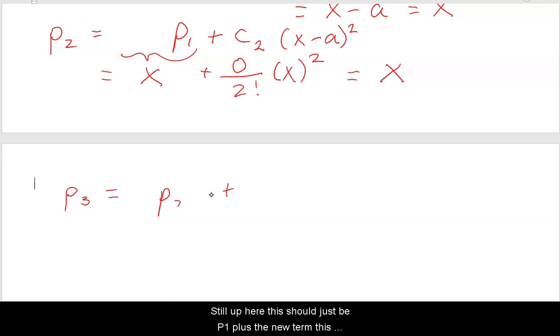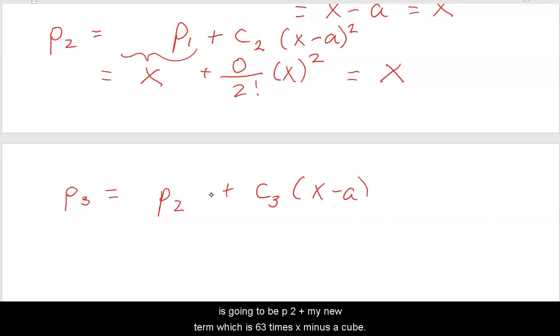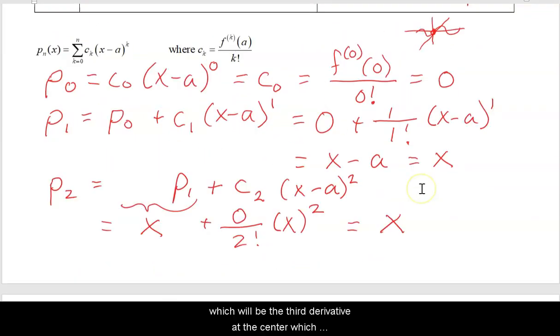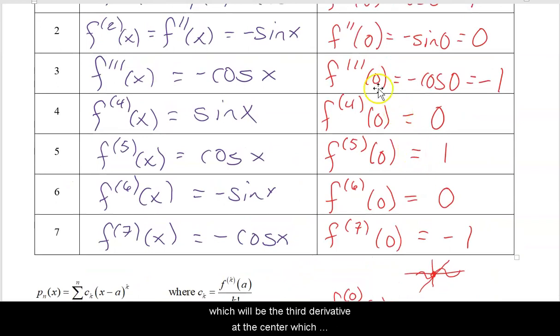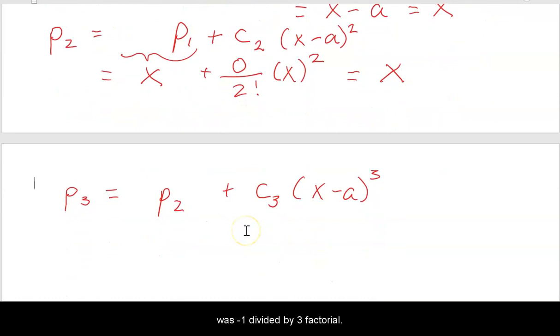This is going to be P2 plus my new term, which is C3 times x minus a cubed. In other words, each time you expand the polynomial, you only add on one term to the previous approximating polynomial. In this case, we need to figure out the coefficient c sub 3, which will be the third derivative at the center, which was -1, divided by 3 factorial.